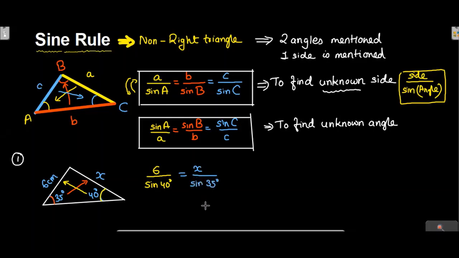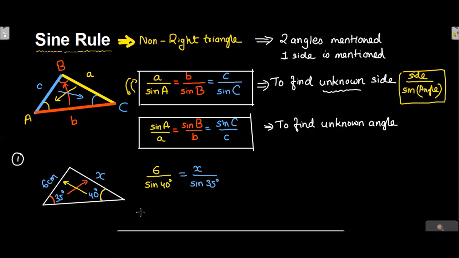When you are using the sine rule, you don't have to worry about cos and tan. The sine rule has only sine, which is why it is called the sine rule. We are not using any cos or tan.